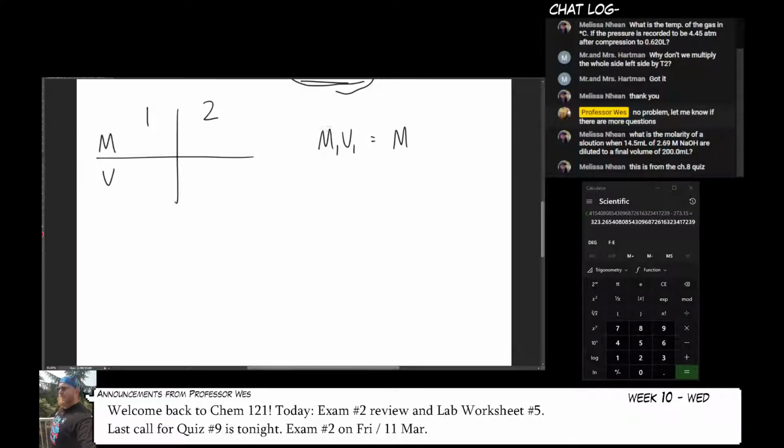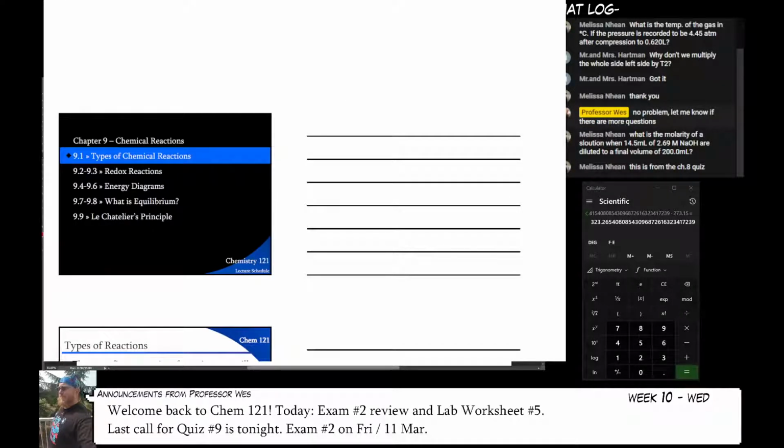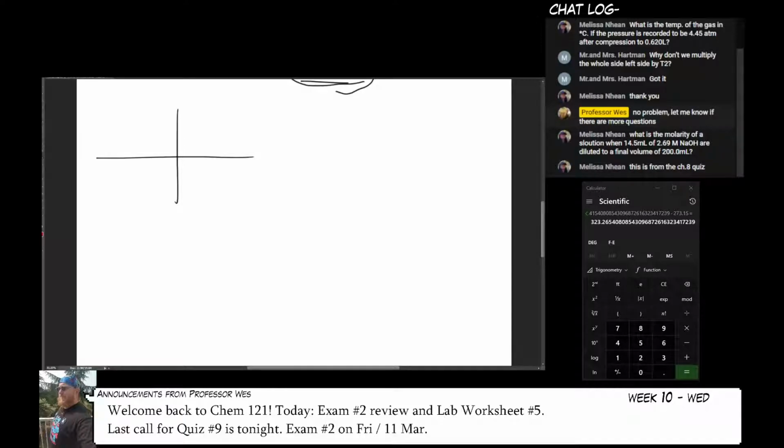I forgot that this class doesn't use ones and twos. In fact, I forget what our formula is for this class because I just taught this to a different class and they use the same formula, but they use different letters, and so I want to make sure I get the same letters so that I'm not confusing y'all here.